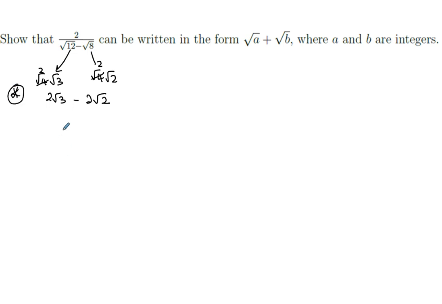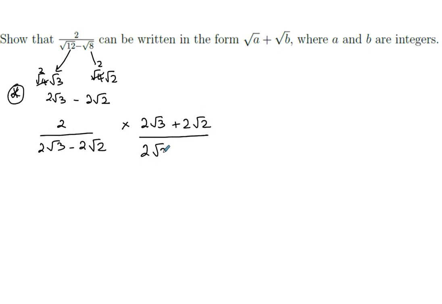Okay, so now let's rewrite it. So we've got 2 over 2 surd 3 minus 2 surd 2. Now we're going to multiply by 2 surd 3 plus 2 surd 2. Don't panic, just go along with it. 2 surd 3 plus 2 surd 2.